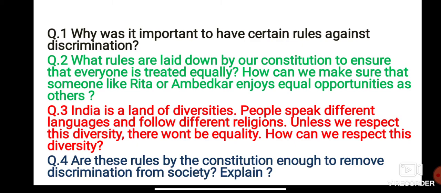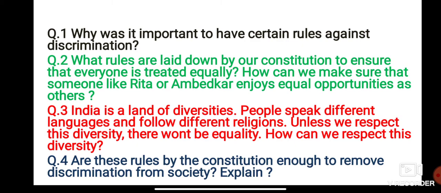So no one language or religion should be made compulsory for all to follow. Because of that, we have different religions in India. Every religion is given the same respect and is treated equally. That is how India became a secular country where people of all religions have the freedom to practice their own religion.